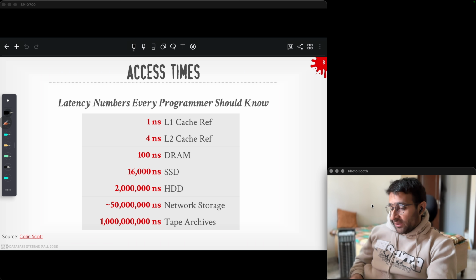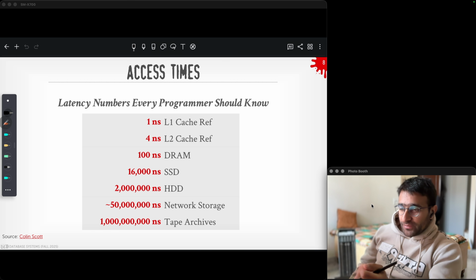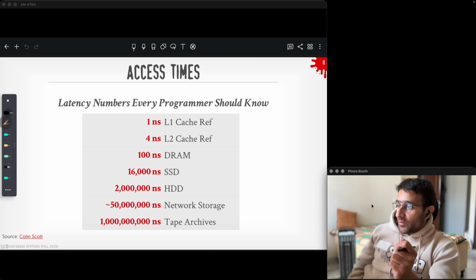Okay, for reference, this was a very interesting diagram for me when I was watching the lectures. It shows how much time it takes for the CPU to extract data from different locations.